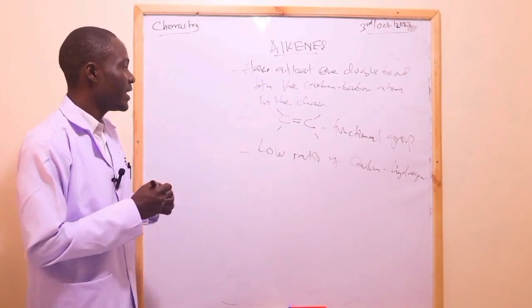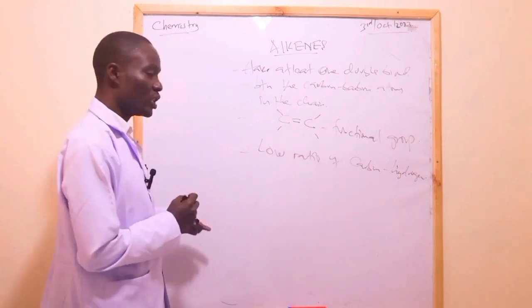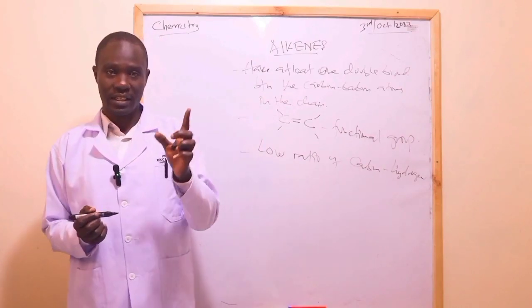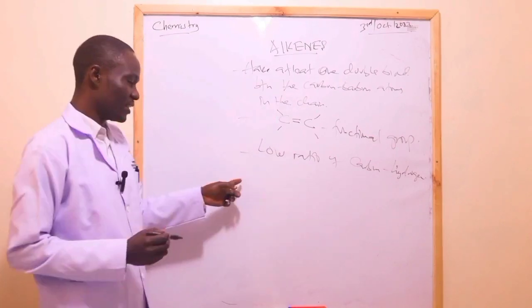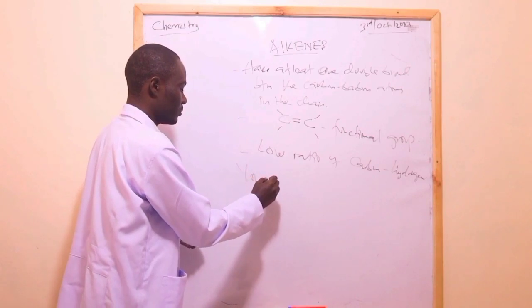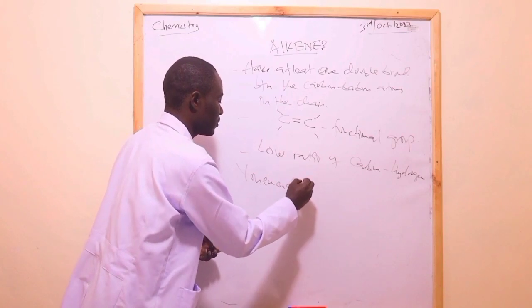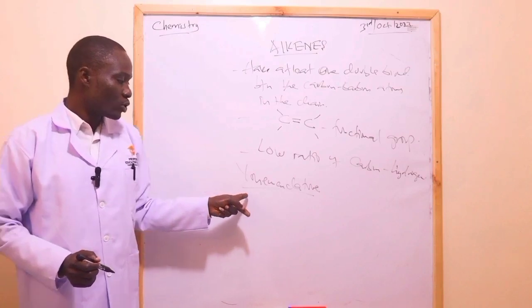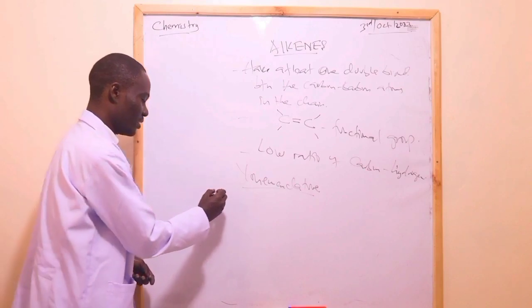So next we shall do the nomenclature in alkenes, and we find that nomenclature in alkenes is just the very same as in alkanes, only that the names in this case end with the suffix ene. So all members of alkenes end with the suffix ene.